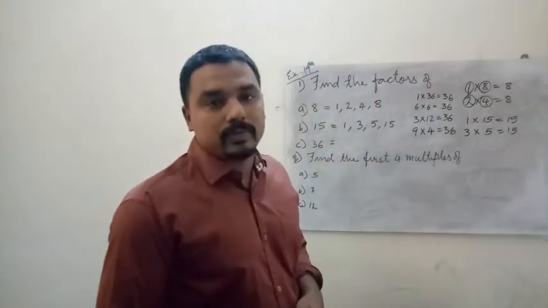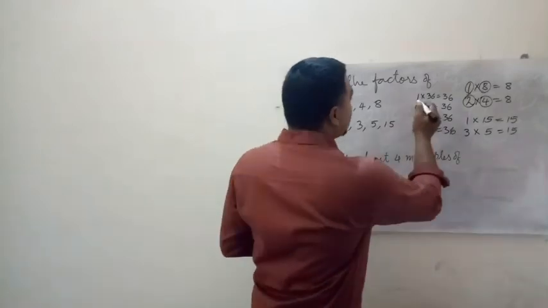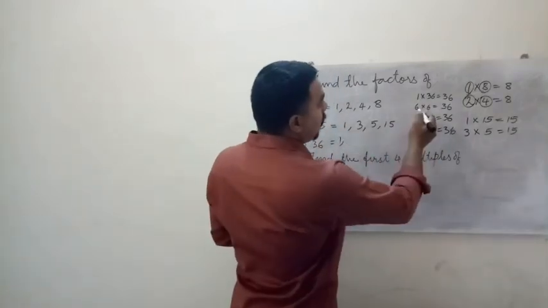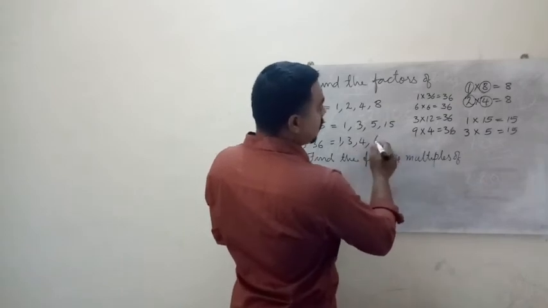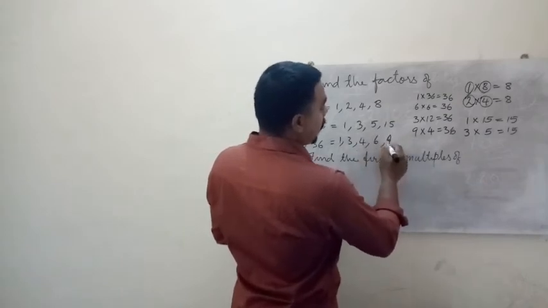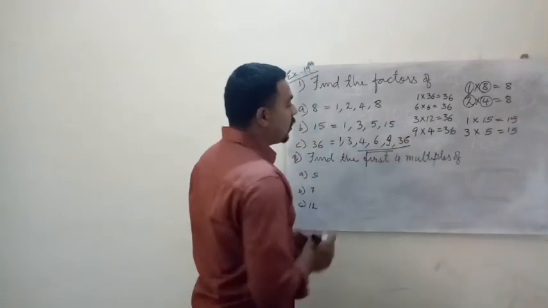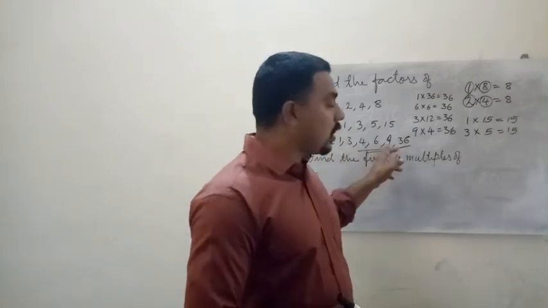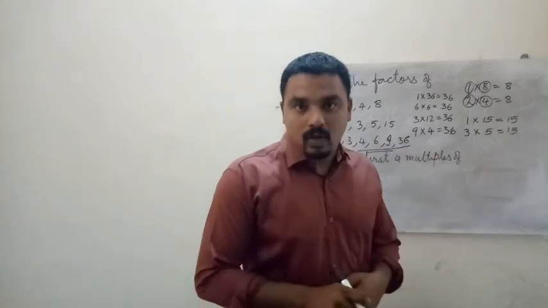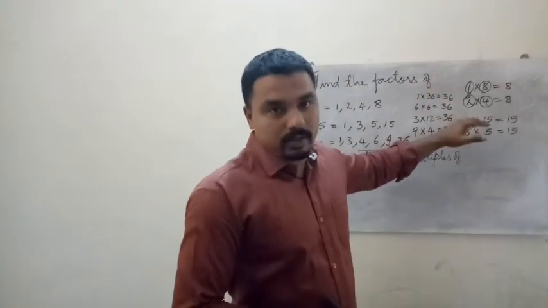Any more numbers? No more. So we can write 1, 3, 4, 6, 9, 12 and 36. These are the factors of 36. Okay, in this way we have to find the factors.